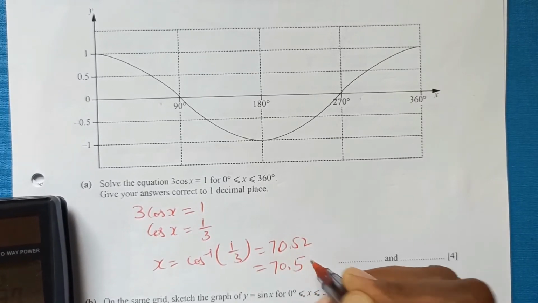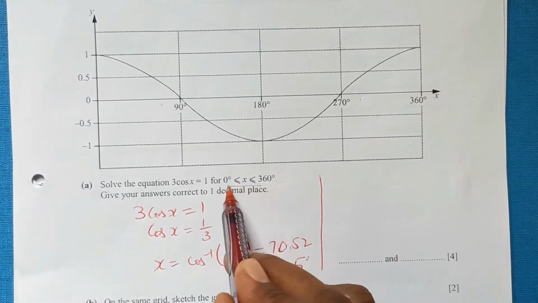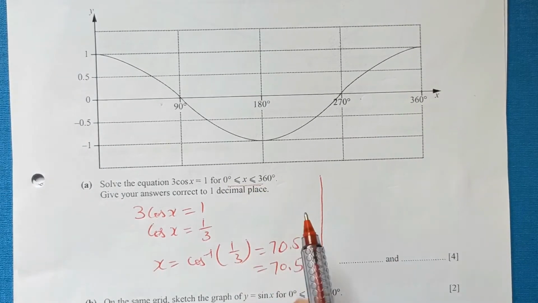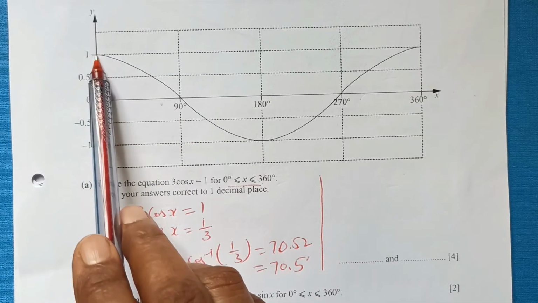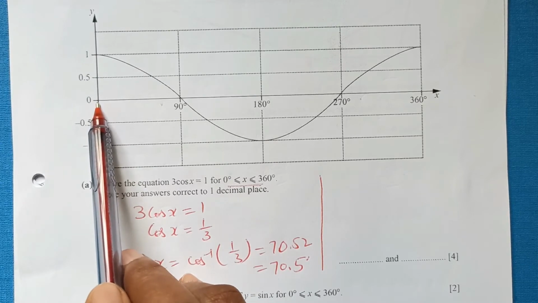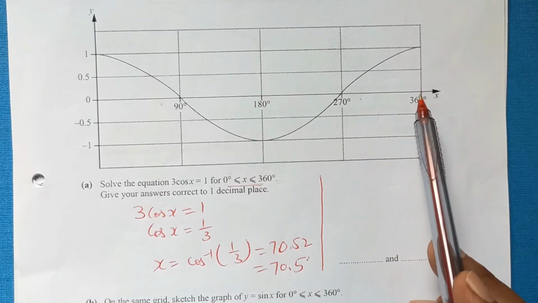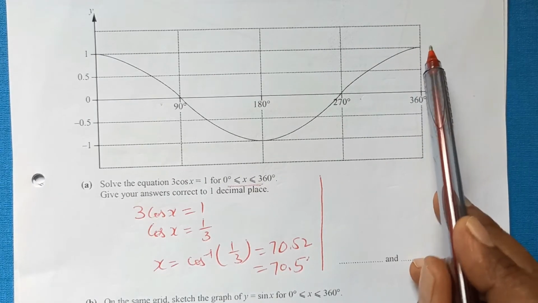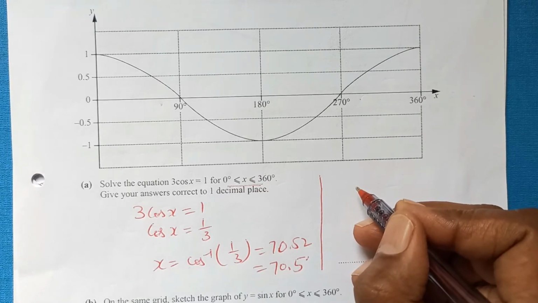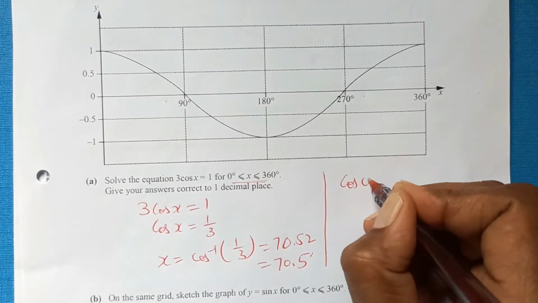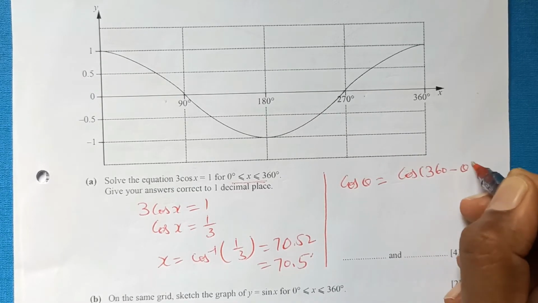To 1 decimal place it is 70.5. We need all the values between 0 and 360. If you see here, the value of cos at 0 degrees is 1, and at 360 it is again 1. So the value is repeating after 360 degrees. Cos theta is always equal to cos of 360 minus theta.